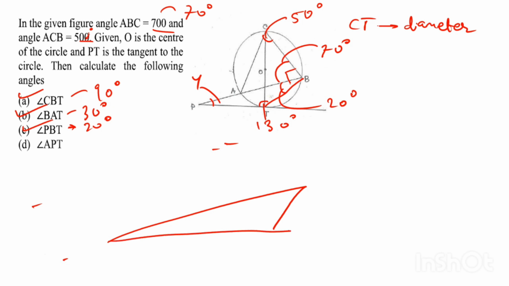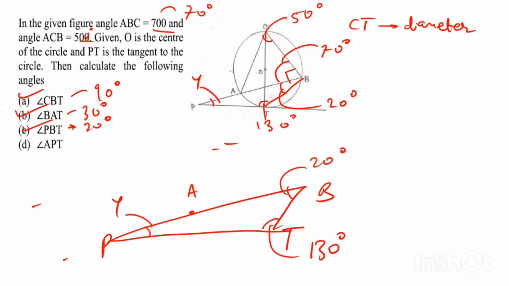See an obtuse triangle. T, B, P. Here A is there. We need to find the angle of APT or BPT, same. Now let's say it's Y. We know this is how much? 130 degree. This is how much? 20 degree. Now at this point, many students make a mistake.